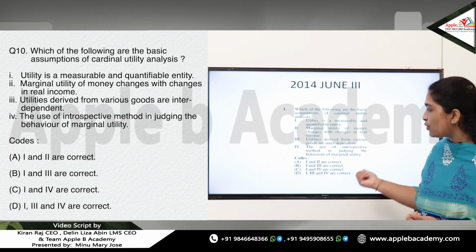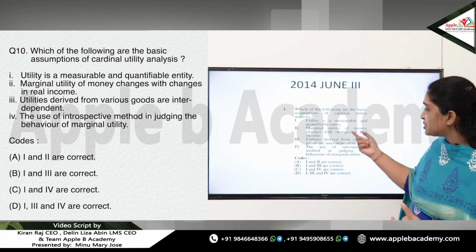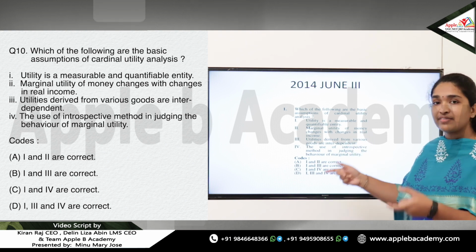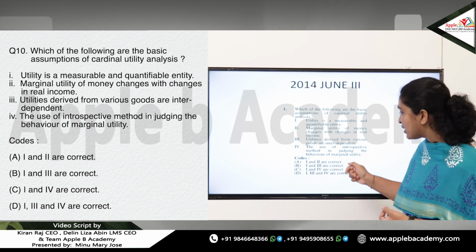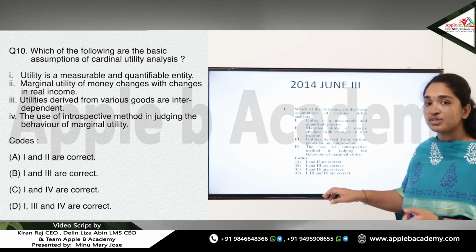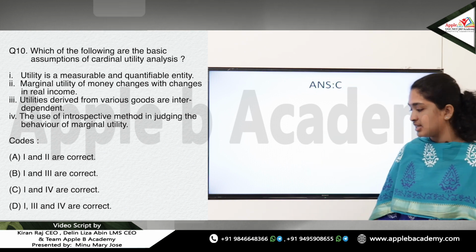So option 4 is a right answer. The options that we can exclude here are option 2 and option 3, which gives us the answer to this question, that 1 and 4 are correct. So the answer would be option C, 1 and 4 are correct. Answer is option C.